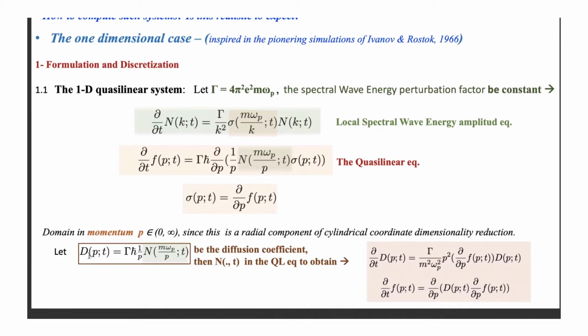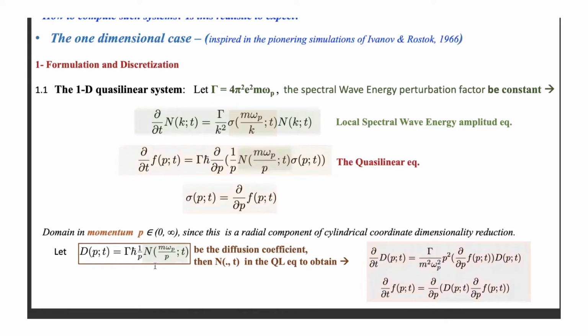We know that the diffusion coefficient is directly proportional to the wave number K, where N depends on K, which has been changed because of the integration of the dispersion relation, and is proportional to the frequency of the motion divided by the momentum.